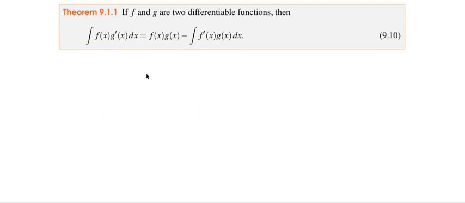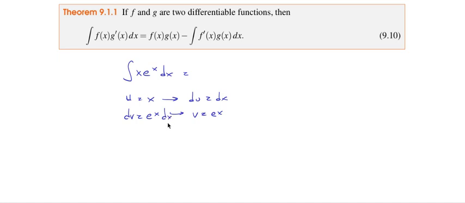A very classical example of the application of this formula is to compute the primitive of this. Typically, whenever we have an exponential, we want to use it as our g prime, or dv if you want. And u is going to be x, so du is dx, and v is the primitive of the exponential.